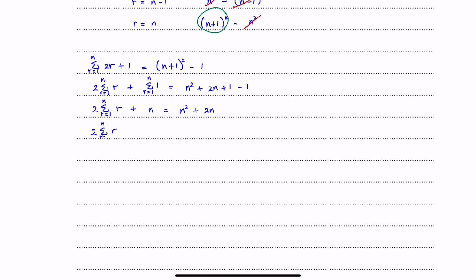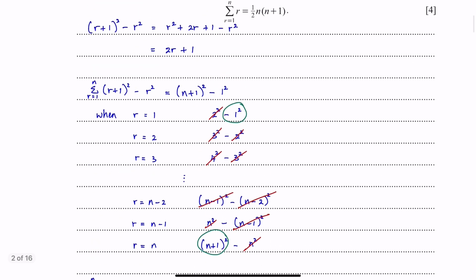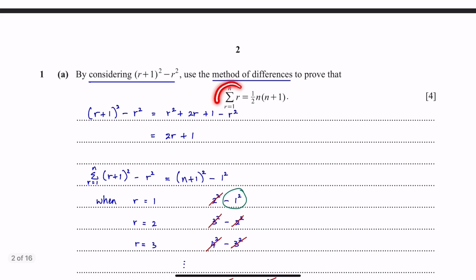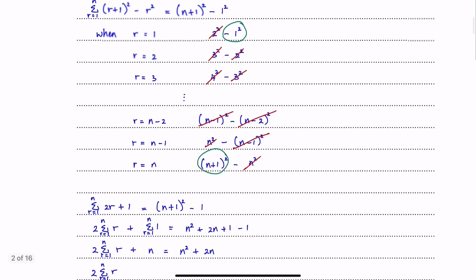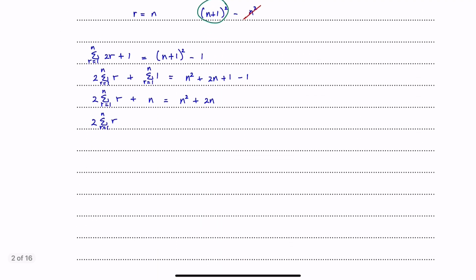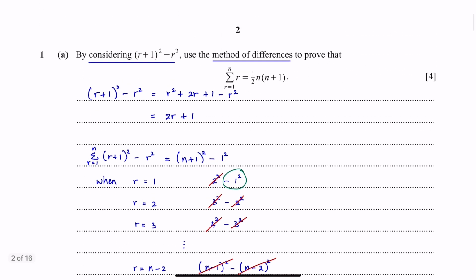Since you're trying to find the summation of r, we will make this the subject. So it equals n squared plus n, and the summation of r will be half times n times n plus 1, and this will be equal to this one.